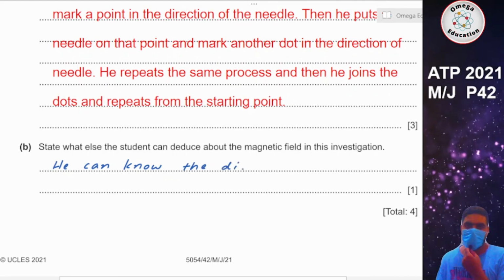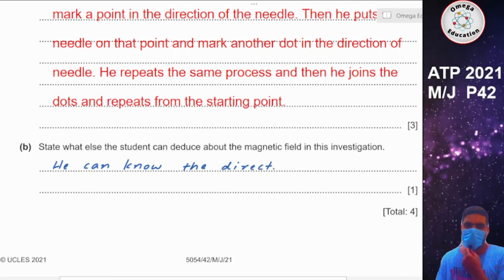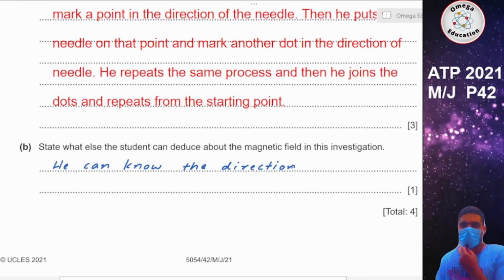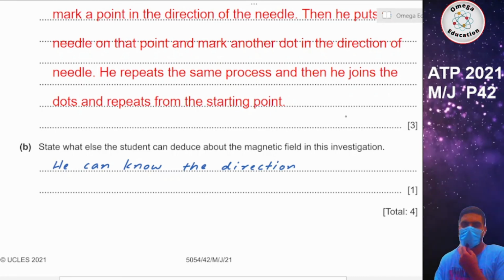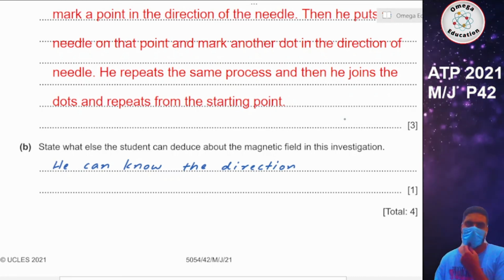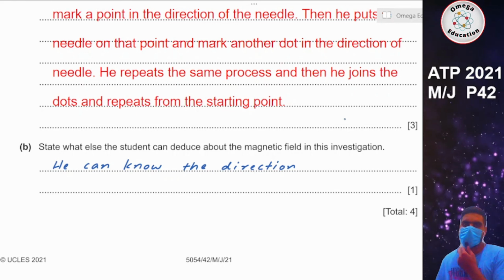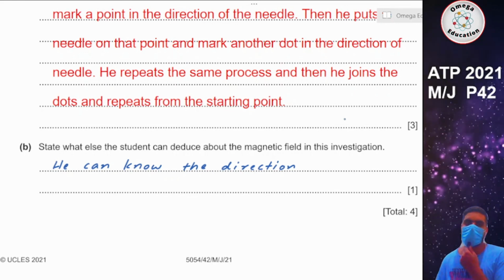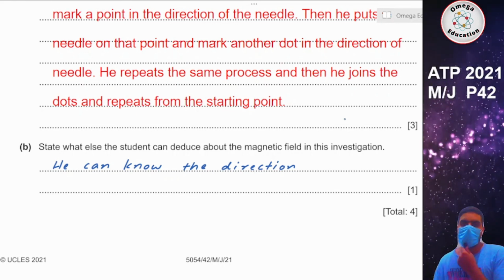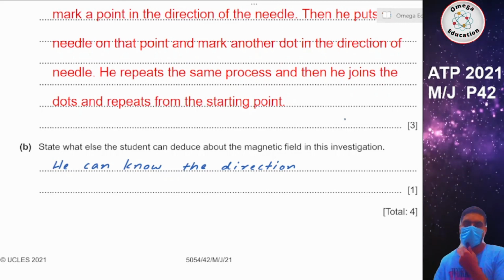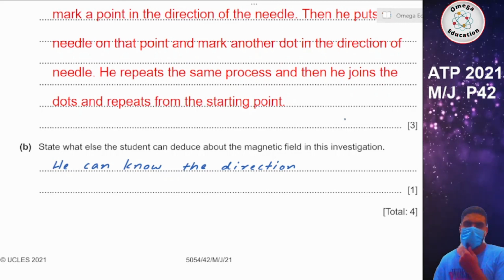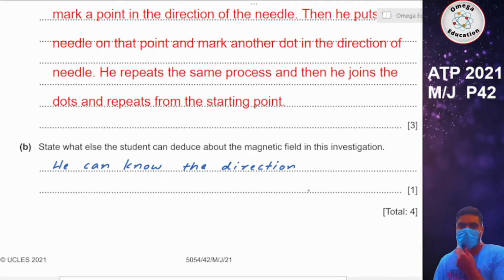Not only the pattern of magnetic field, the pattern might be circular, might be straight lines, it can be a different one. We'll study that in current electricity. When we have a straight wire, then the pattern of magnetic field is circular. So not only can he know about the pattern of magnetic field, he can know about the direction of magnetic field as well.